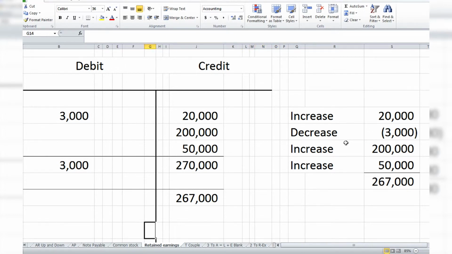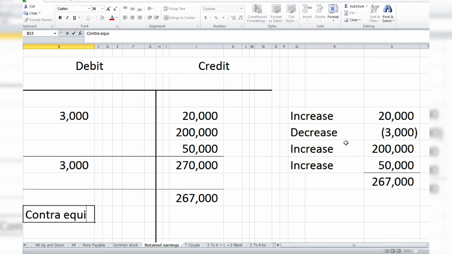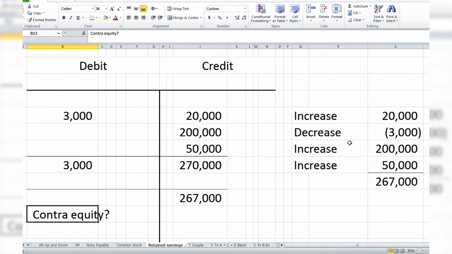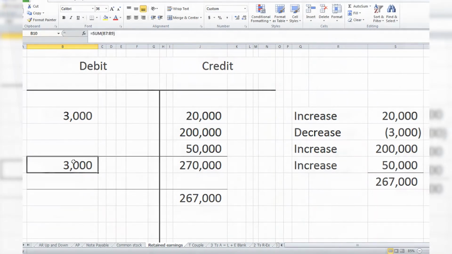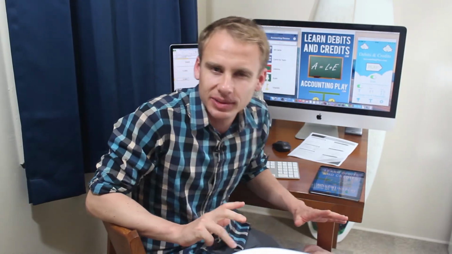There is such a thing as contra equity, but it's much more advanced, and it shares the same similarities as other contra accounts where everything is opposite. But so as not to confuse you, we just want to remember to increase with a credit, decrease with a debit. So, equity is a little bit of an abstract account. It very loosely is the value that's in the business.